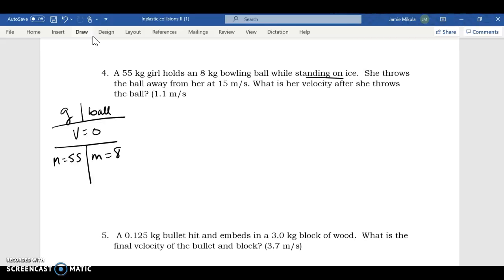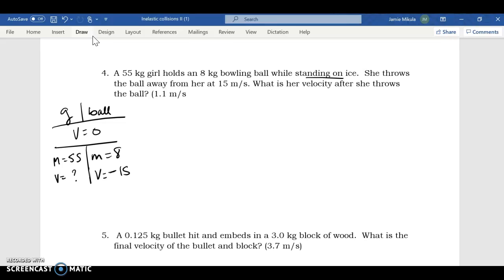She throws the ball away from her, so the velocity of the ball, we'll say away, is going to be negative. So negative 15. It wants to know the velocity. Oh, sorry. Let me back up. She throws the ball at negative 15. So the ball will be the velocity of 15, and we want to know her velocity.